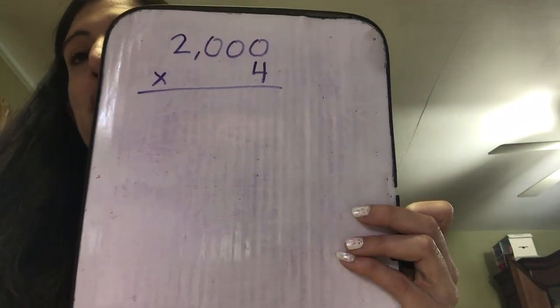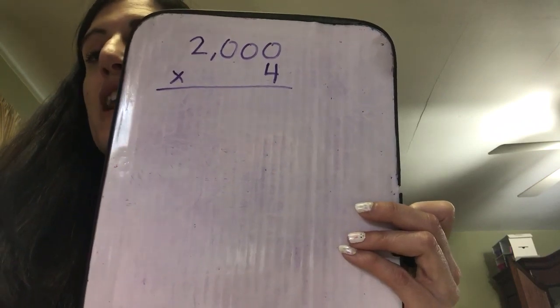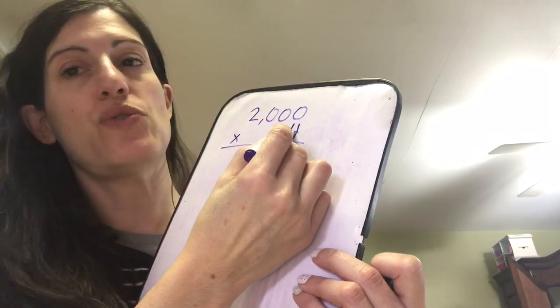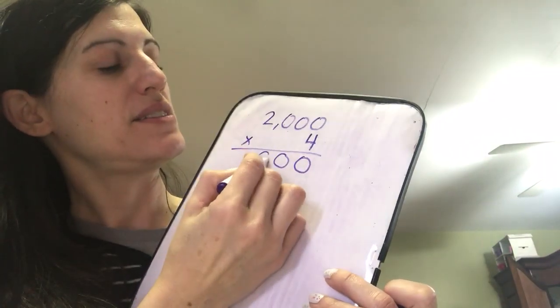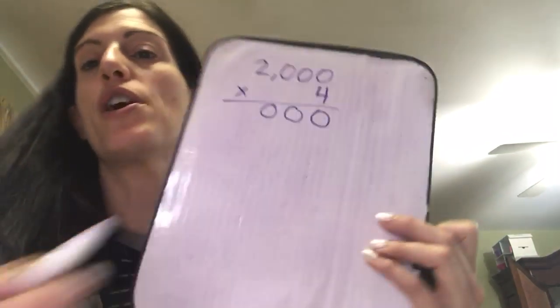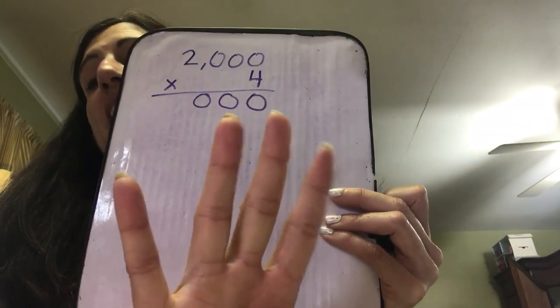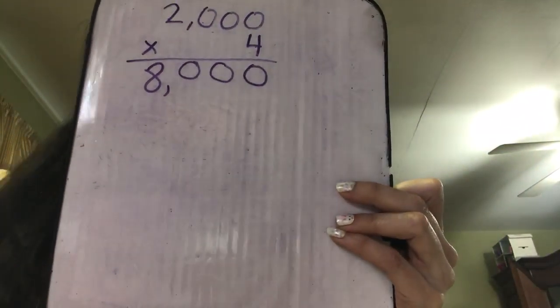Okay, and you guys can pause this at any time to get this written down. 0 times 4, 0. 0 times 4, 0. 0 times 4, 0. 2 times 4. Well, we have to count by 2 4 times. 2, 4, 6, 8. We got 8. Put your comma in. That made 8,000.